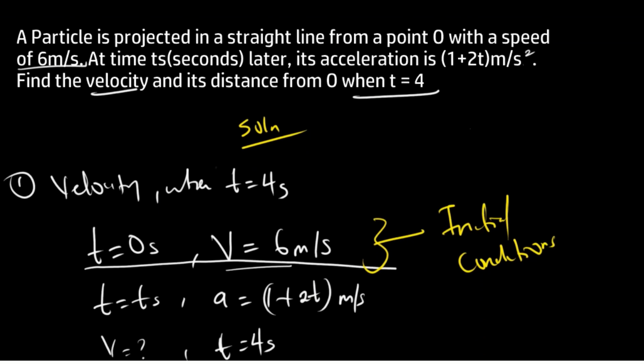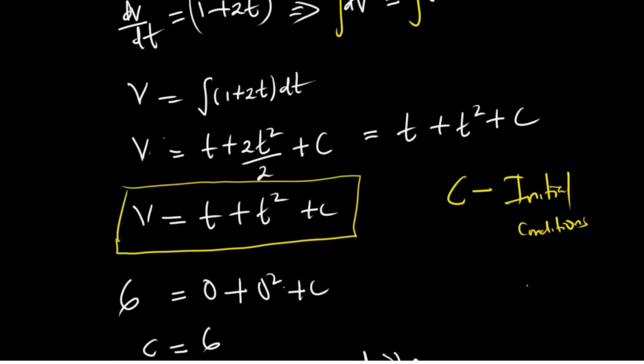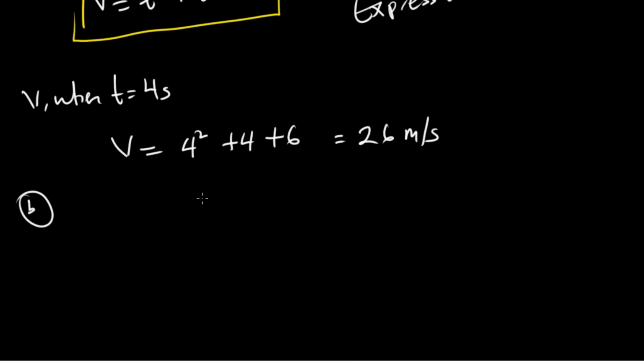So therefore, we are considering the lower limit of 0 and the upper limit of 4. From the last solution, we had that v equal to t squared plus t plus 6. So this is the expression that defines the value for v at t seconds.